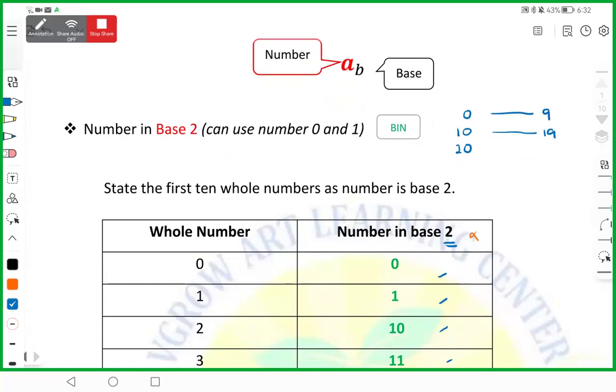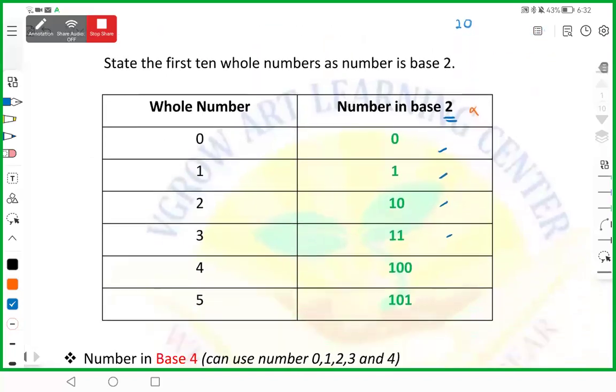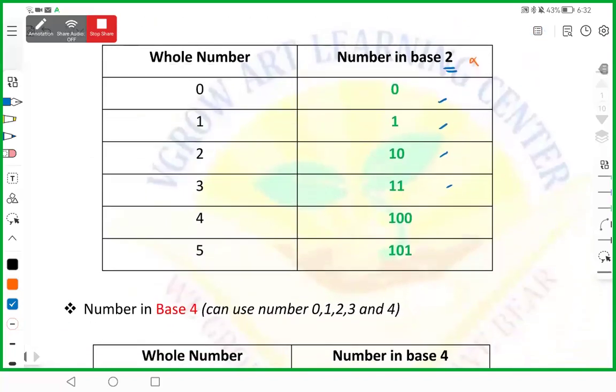It's not 1, 2. It's 1, 0, 0. Correct. Then it proceeds: 1, 0, 1, 1, 1, 0, 1, 1, 1, then 1, 0, 0, 0. So it just increases. Again, in base 2 you won't see 2.